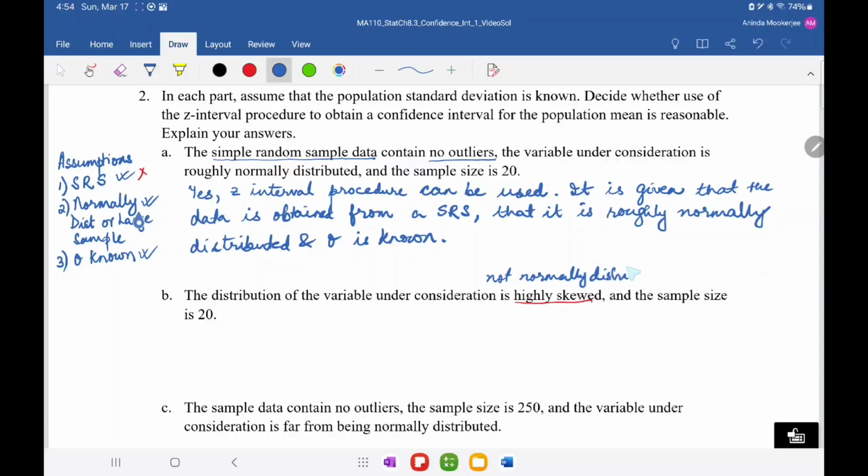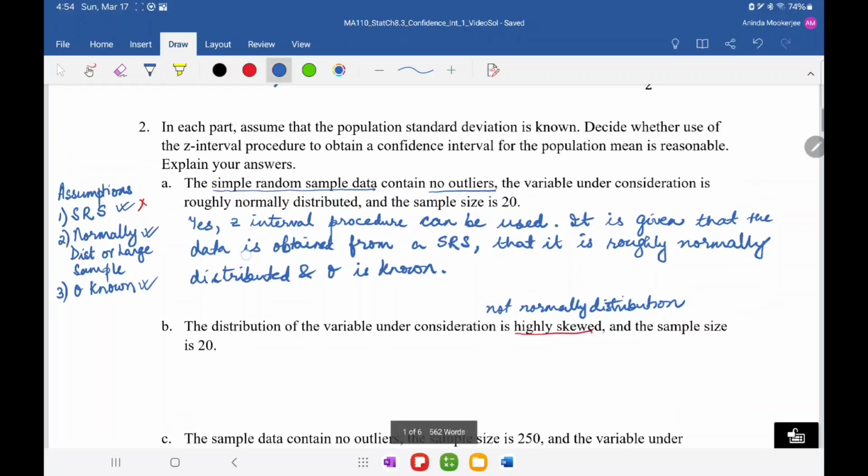However, even if it is not normally distributed, if a large sample size was used, then based on the central limit theorem, we can still assume that it's going to be a normal distribution. Look at the sample size given. Here it says the sample size is 20.